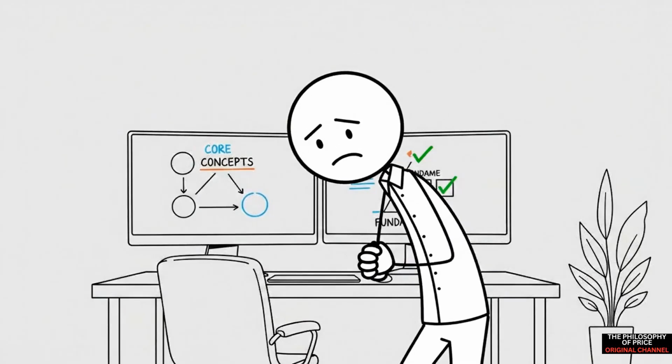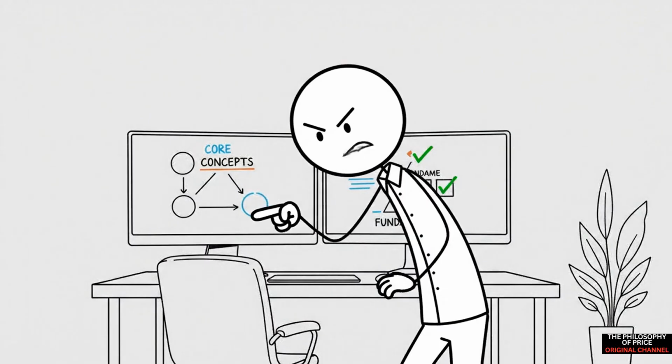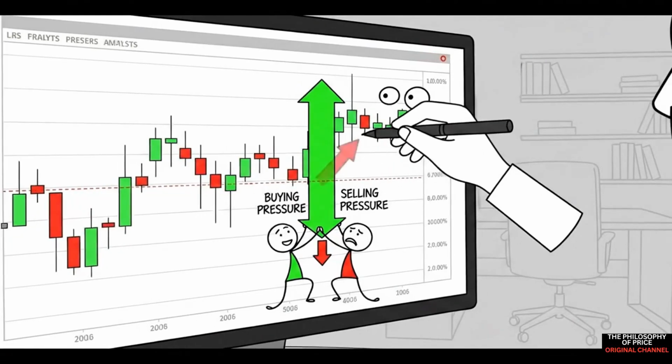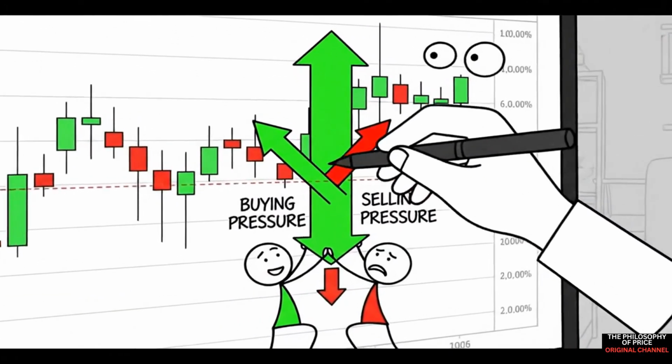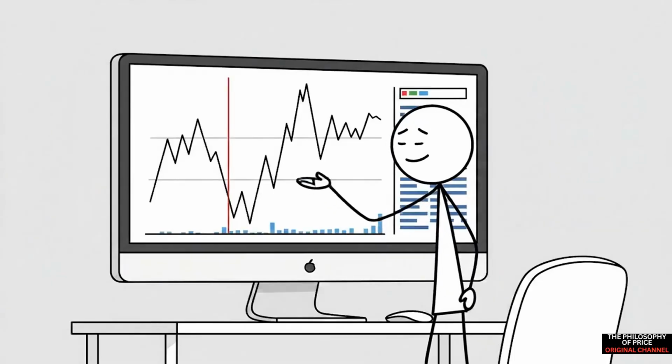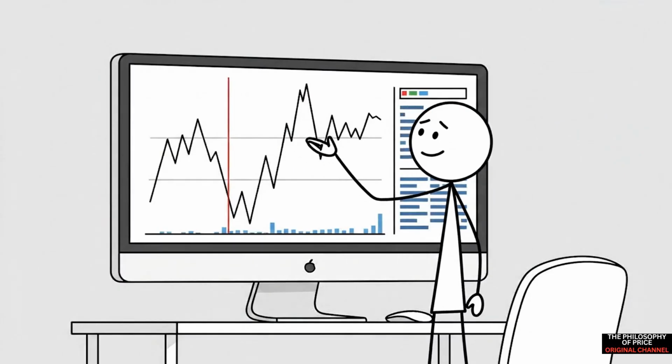Before we delve into any specific pattern, it's crucial to comprehend the fundamental engine that powers all market movements. Every single candle you see on your chart is a result of 2 primary market forces at play. On one side, you have patient traders who place limit orders, waiting for their price.